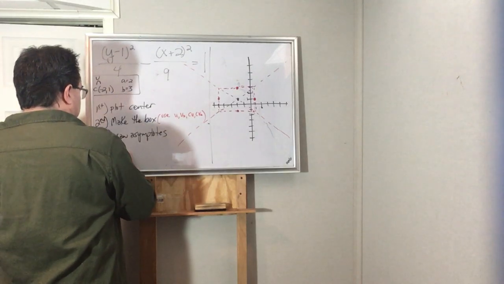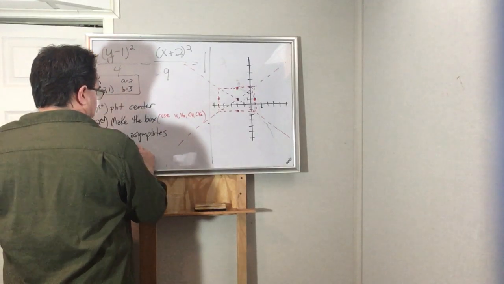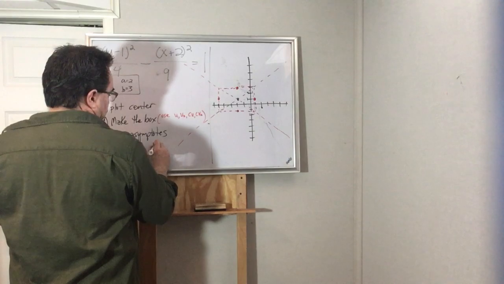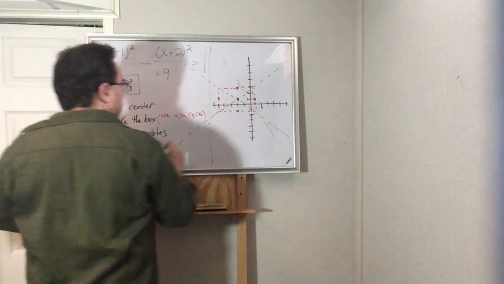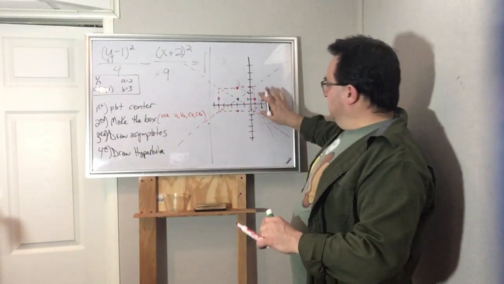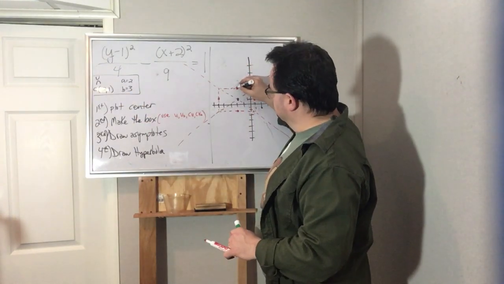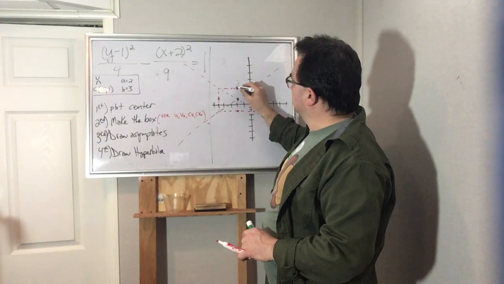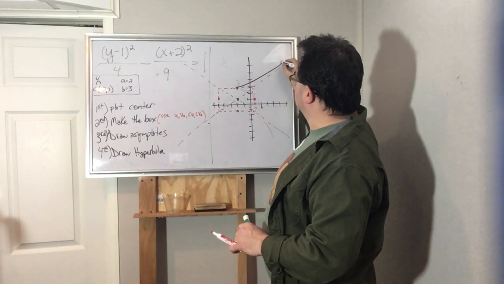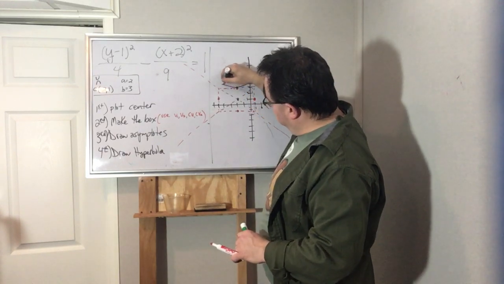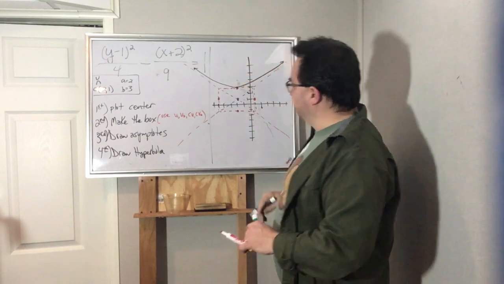Fourth, draw the hyperbola. It doesn't open left and right, it opens up and down. How does it open? I would start at the vertex, and you want to head towards this asymptote, and head towards this asymptote. So this is very flattened out.